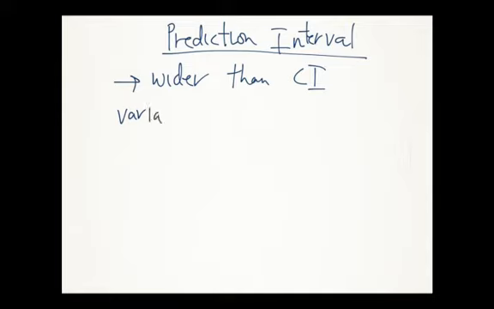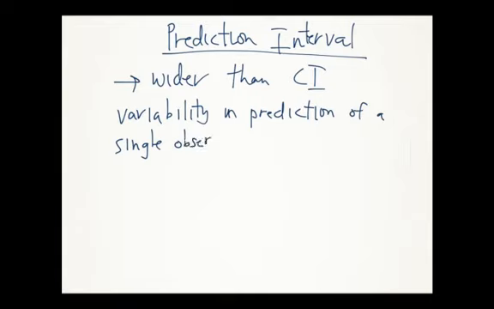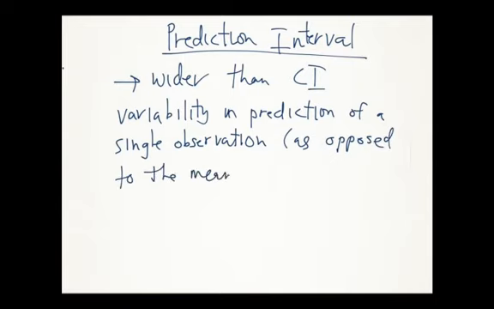And the reason for that is that the variability in prediction of a single observation as opposed to the mean contains two types of variability.